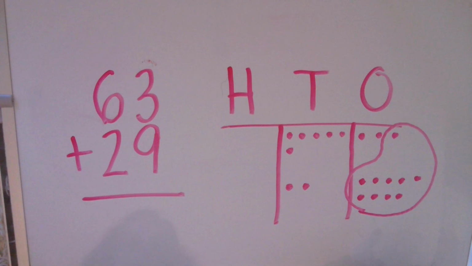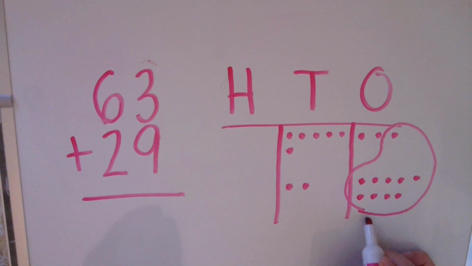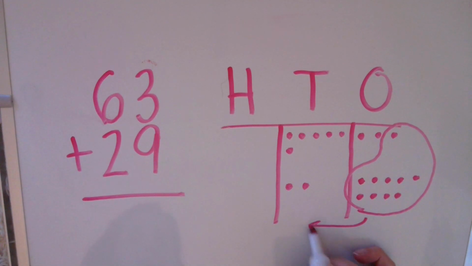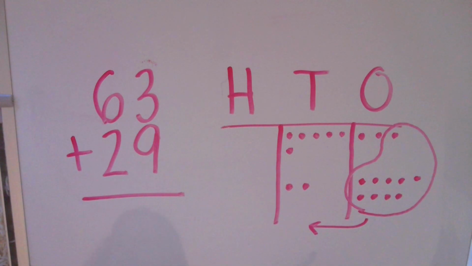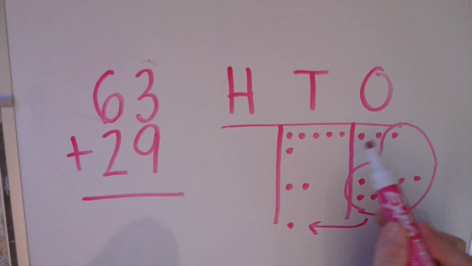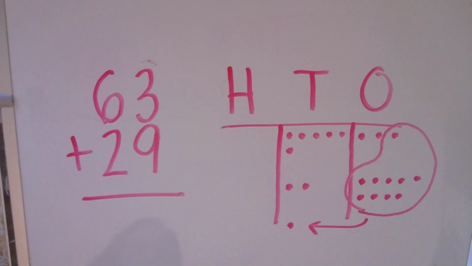When you have 10, that moves over to our tens place. So we take these 10 ones and we exchange them for a 10 right here. And we see that we have 2 left over, so we would write 2 down here.